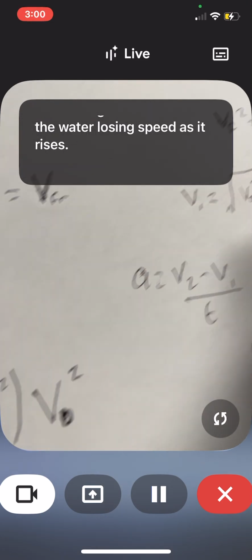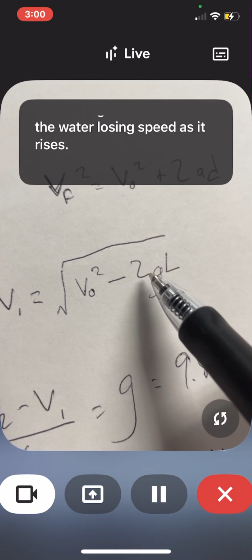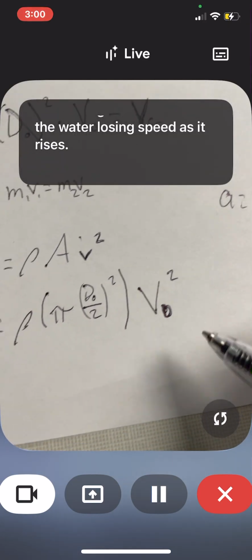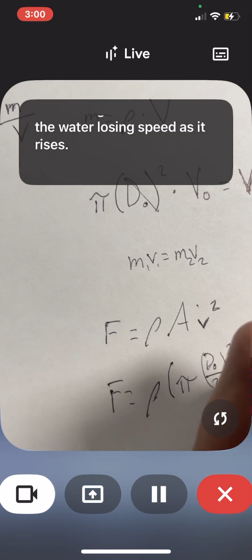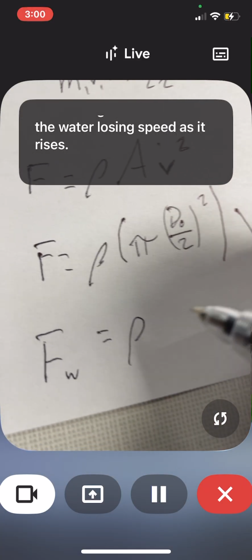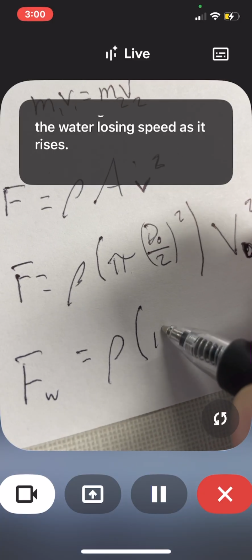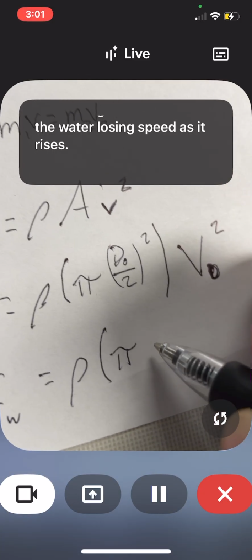So then it's just the initial velocity squared minus 2 gravity length for this part here, and then that's the answer. So the force of weight of the bowl is equal to the density of water times pi, and then diameter squared over 4, I guess we can just say.